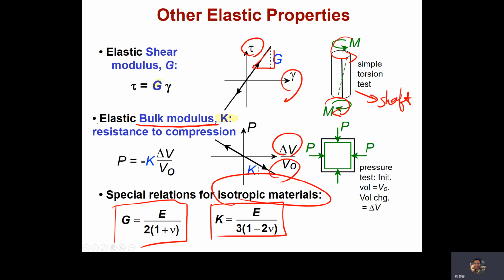Those moduli and mechanical properties are the shear modulus, Young's modulus, the Poisson ratio, and the bulk modulus. You have these relations, but you must be reminded that these relations are only for isotropic materials.